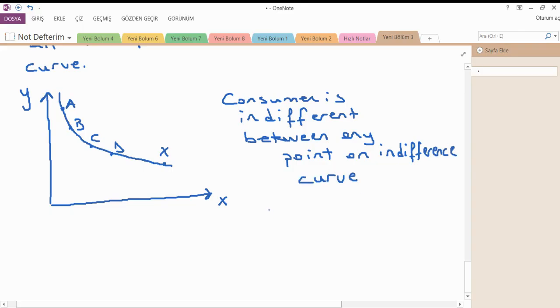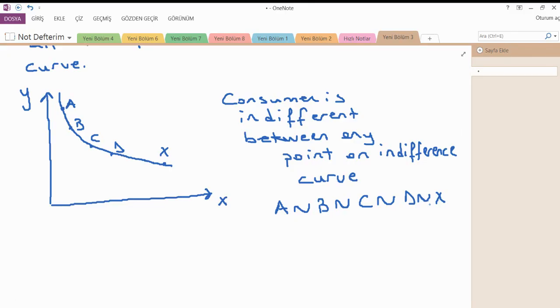So we will say A is indifferent, B indifferent, C indifferent, D indifferent, X, okay? So the consumer is free to choose any of these, and all of these bundles are going to give the consumer the same utility level, or the same happiness, or the same satisfaction, okay?